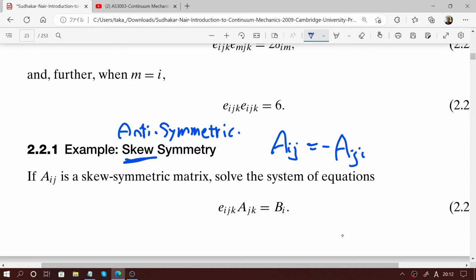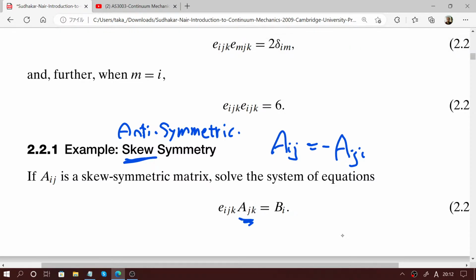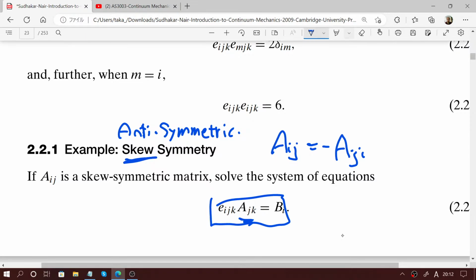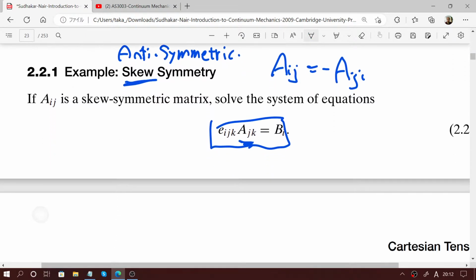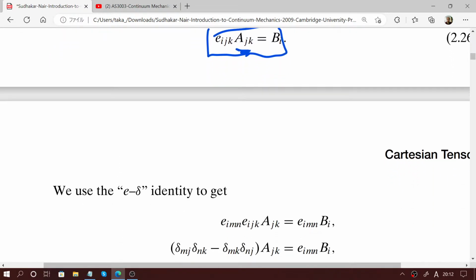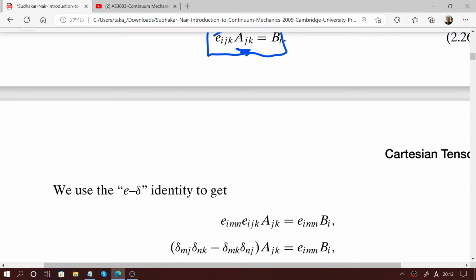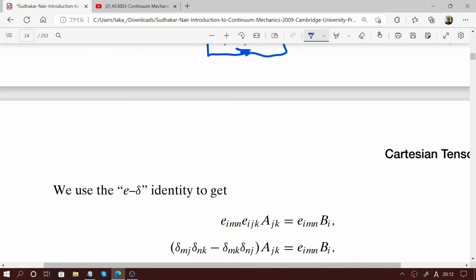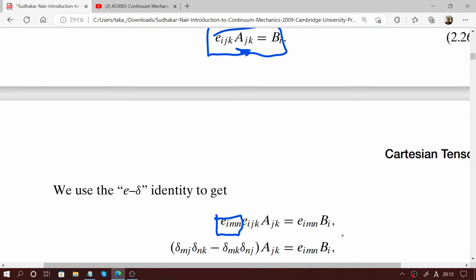Okay. So if A is skew symmetric, solve the system of equation like this. Let's solve this. Now we use the epsilon delta identity. Here we simply multiply this one, this one.